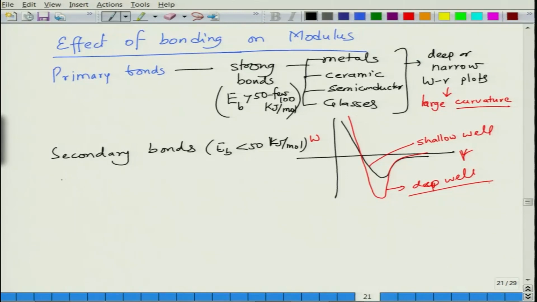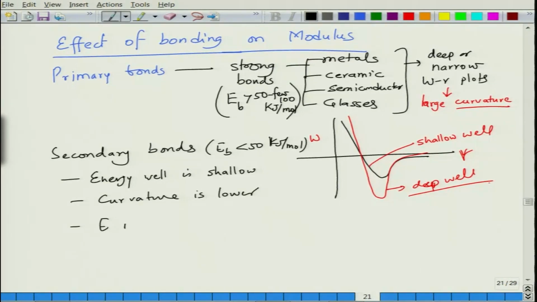In those cases the energy well is shallow, curvature is lower and hence E is low. So, here E is high and here E is low.